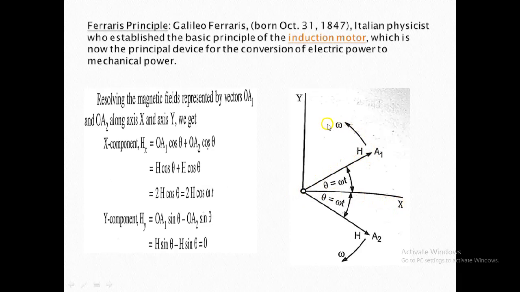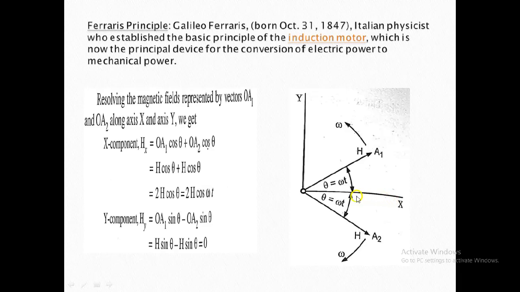OA1 moves in the anti-clockwise direction, and OA2 moves in the clockwise direction. We resolved the magnetic flux created by the stator into two components. This A1 and A2 have the same magnitude h. Okay, and they move clockwise and anti-clockwise with the same speed, omega radian per second.